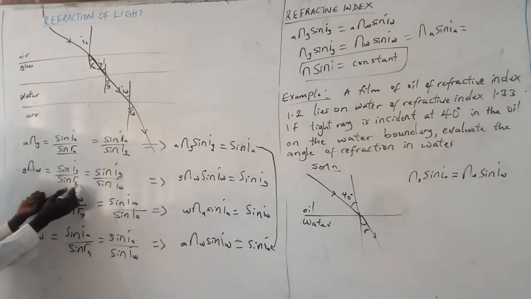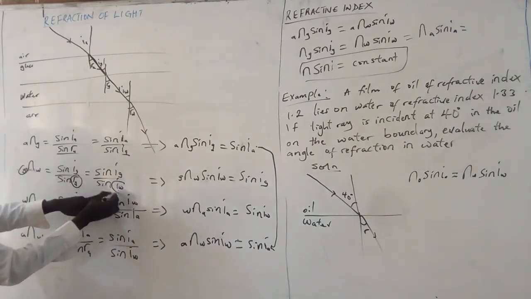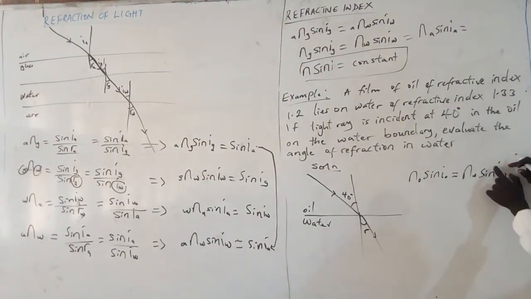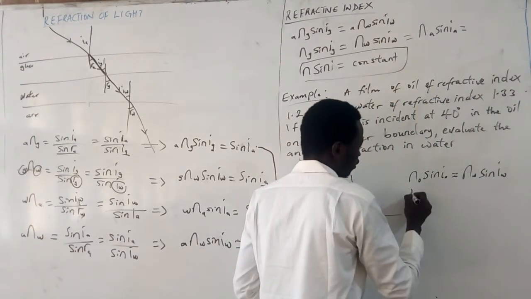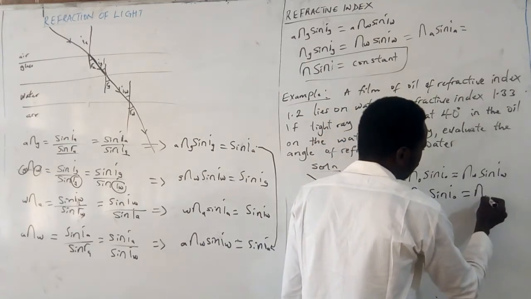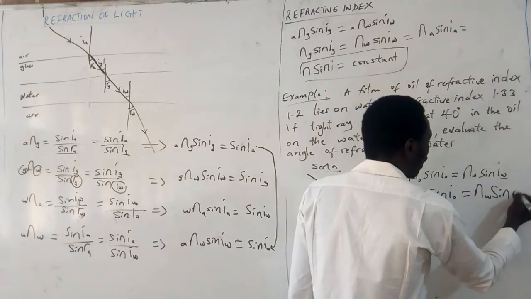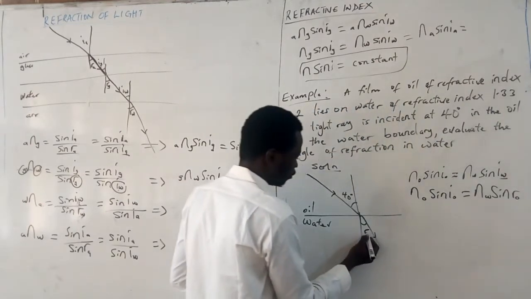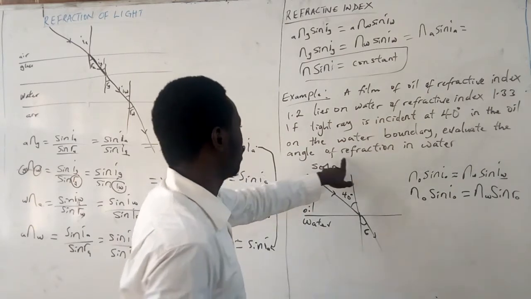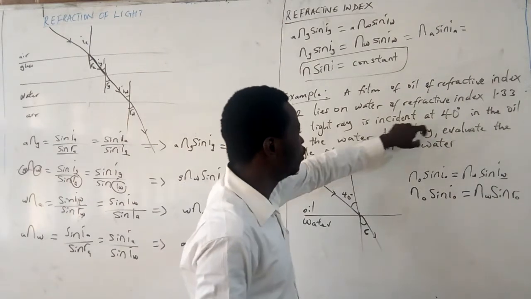So you can see the angle of refraction of the first medium is equal to the angle of incidence of the second medium. So I can say, since this is the angle of incidence of the second medium, this sine I of oil is equal to sine of R. That's R of oil, this is angle of refraction of oil. So the question says we should find angle of refraction in water.